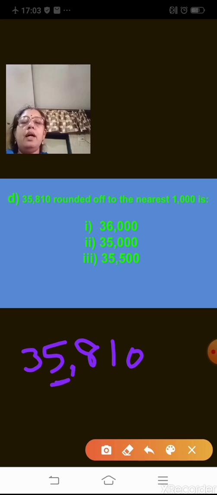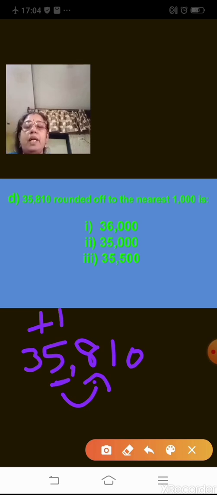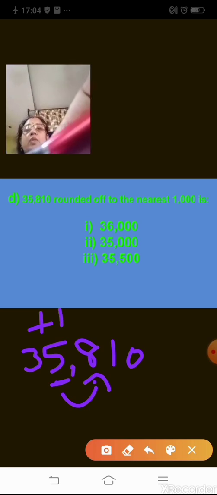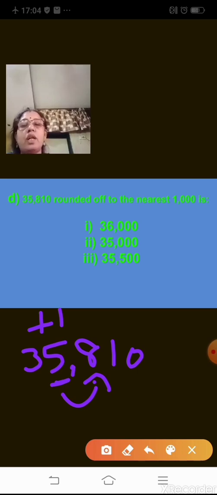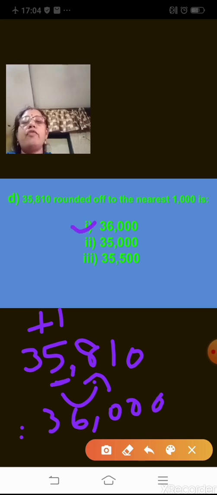See the number in the hundreds place, it is 8. Correct? So you will add 1 to the number in the thousands place. So that will become 5 plus 1, that is 6. So 36, and the rest of the numbers you will put as 0. So while rounding off, it will become 36,000. So your option is the first one.